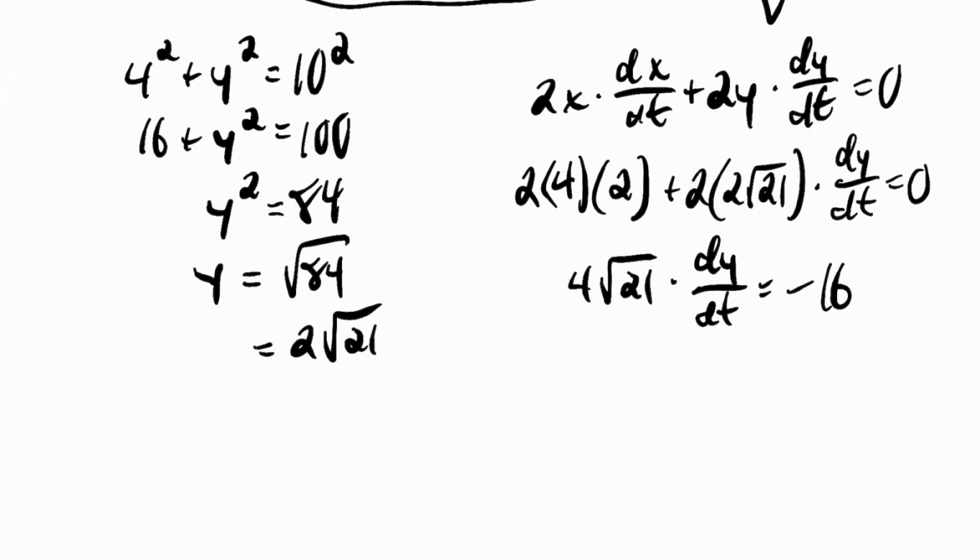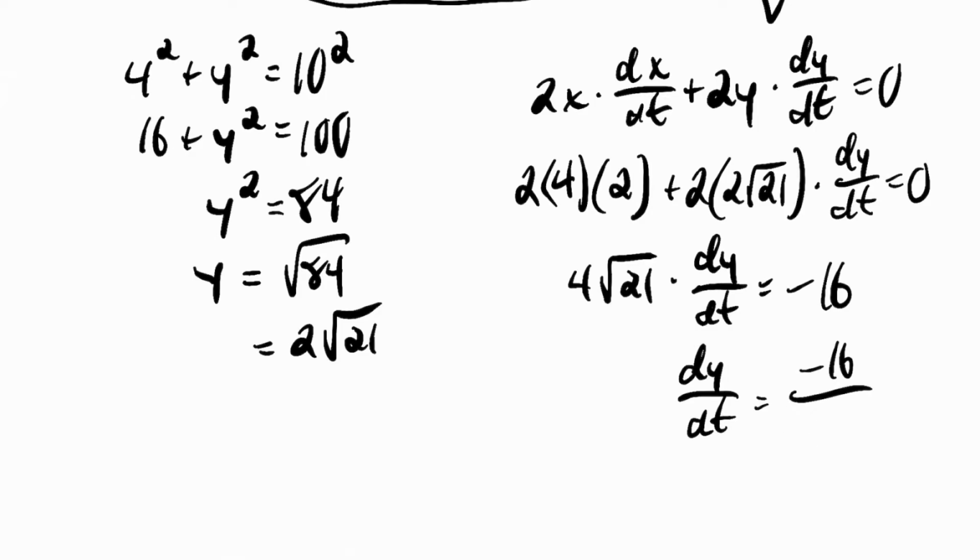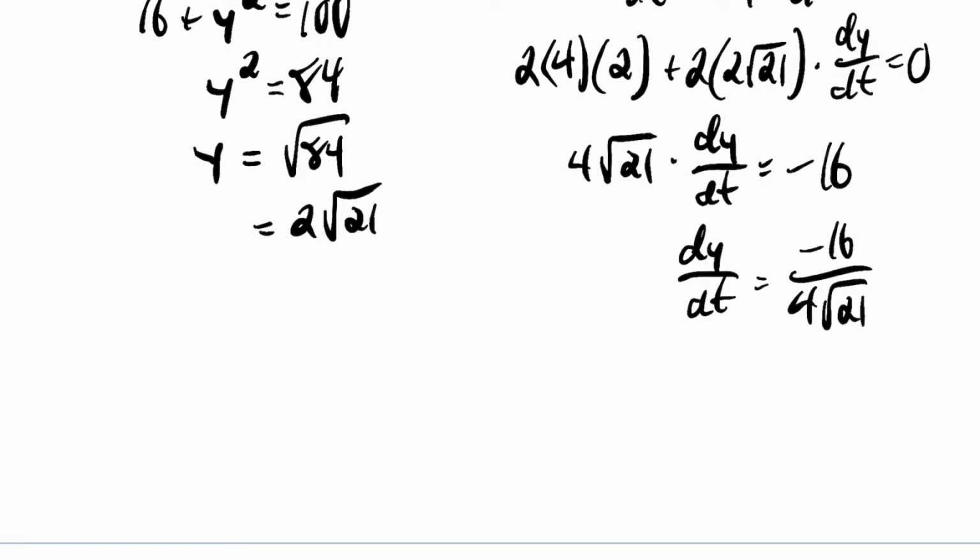I'm trying to make this as clear as possible. So next I'll divide by 4 times root 21. So this will become dy/dt equals negative 16 over 4 times root 21. And of course, 16 and 4 reduce, so dy/dt is negative 4 over root 21.